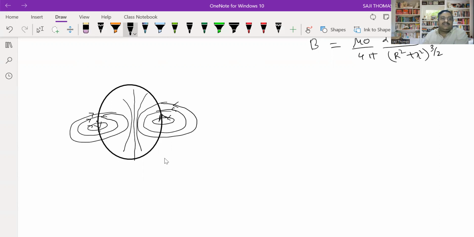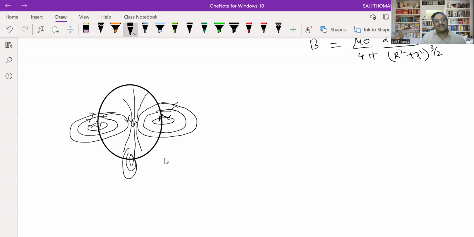So this is the magnetic field pattern due to a circular loop. At the center, the field lines will be in the same direction. In the same way, you can draw the lower portion also like this.